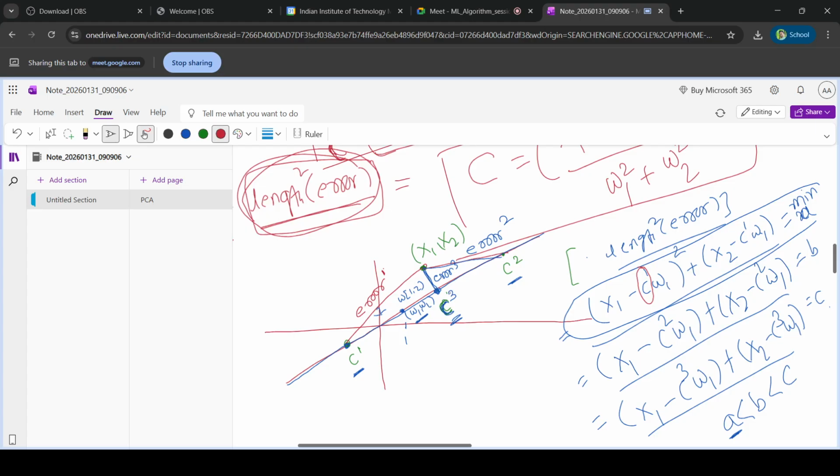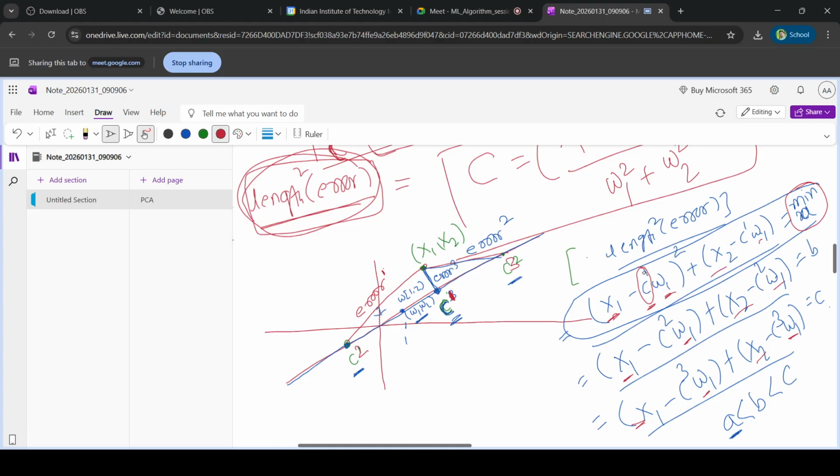So this is C1 dash, C2 and C3. You will choose C1 dash, which gives you the minimum A. Here x1 is constant, x1 is same, W1 is same.